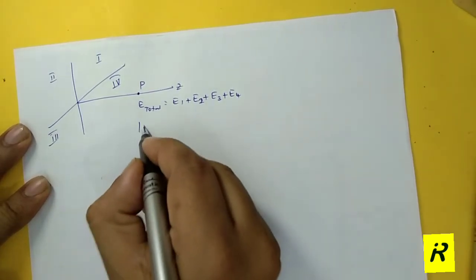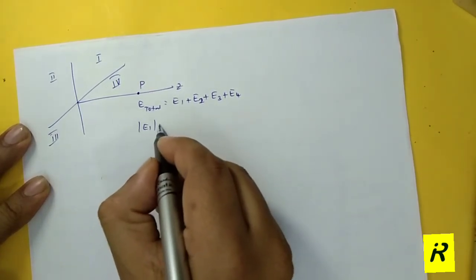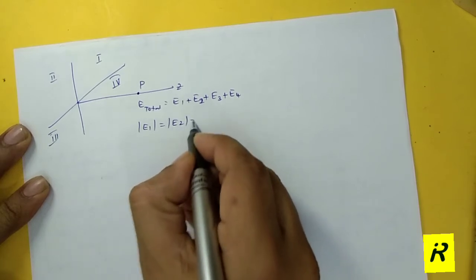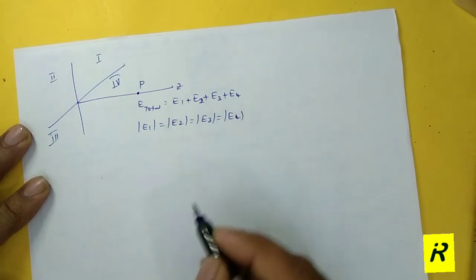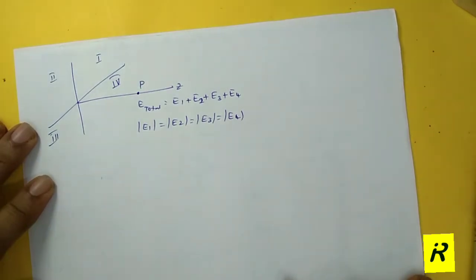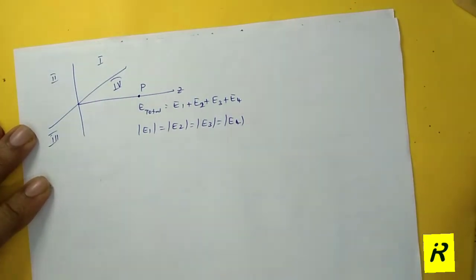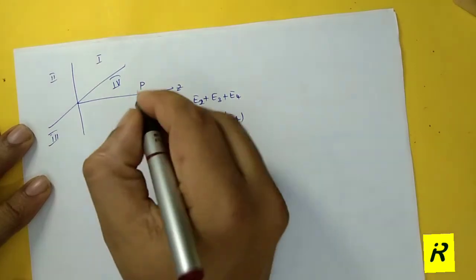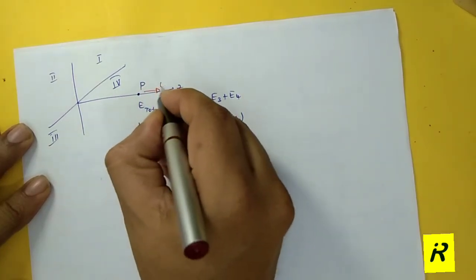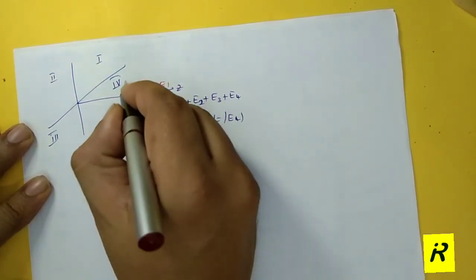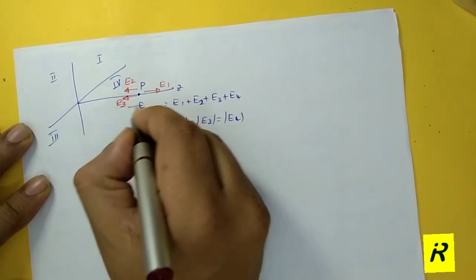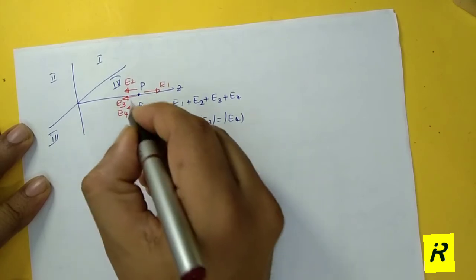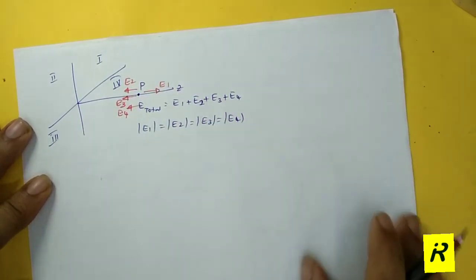The magnitude of E1 is equal to the magnitude of E2, E3, and E4. Only the directions are different. E1 is acting in this direction, E2 and E3 in these directions, and E4 is acting in the opposite direction of E1.